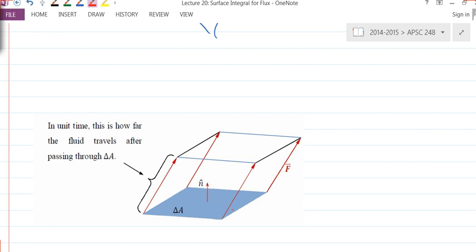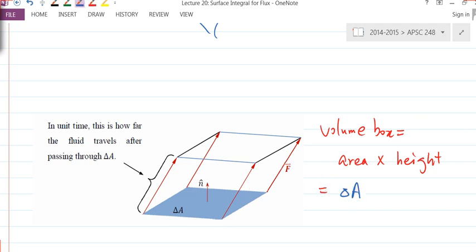So what's the volume of this box? Remember the first lecture, we had the volume of a parallelepiped. But anyway, volume is always equal to the area of the base times the height.